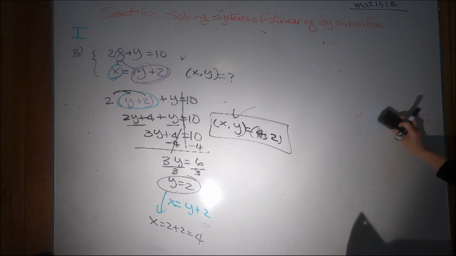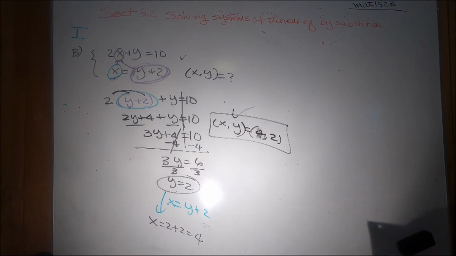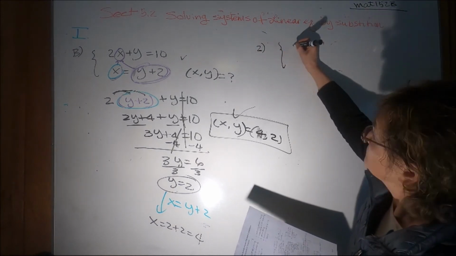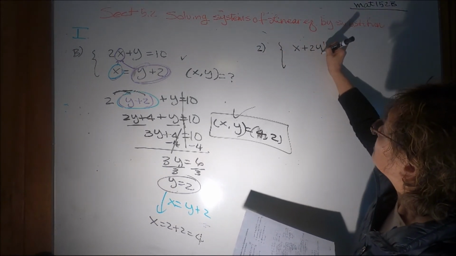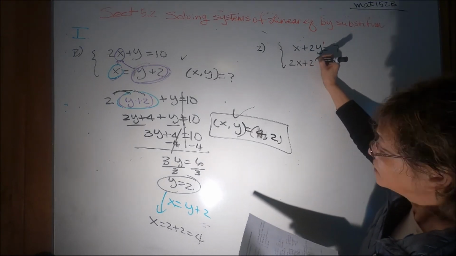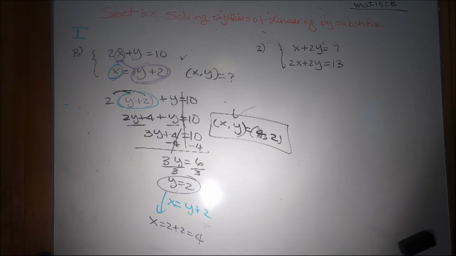Okay, let's look at another example. First step, you will get one variable by itself, so you can plug into the other one and solve it. So by looking at this, which one do you think you will get by itself first? x or y?